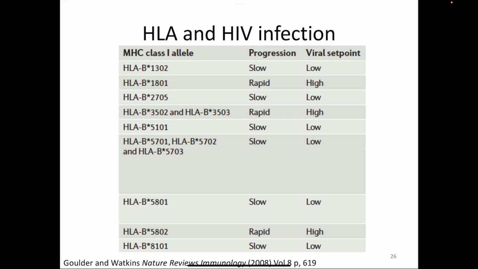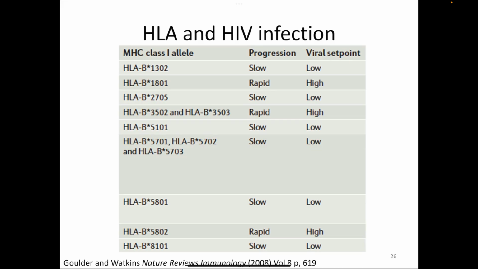All T cell responses are not equally good. Some are better than others. And so it turns out that if we look at different MHC types in people, we see that they have a different outcome in response to different infections. So here you're looking at HIV, and we've got a list of a bunch of different MHC types.